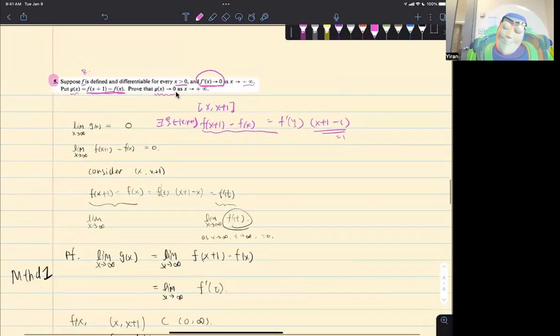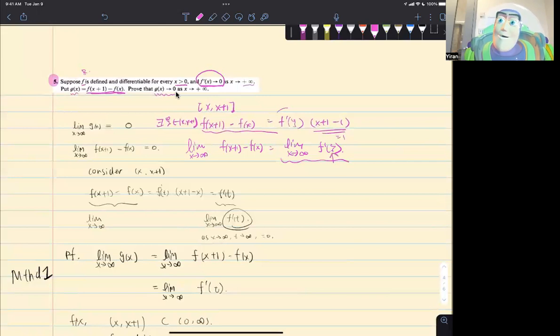Then if you take the limit on both sides as x converges to infinity, we get the limit of f prime of c. Here, c is tightly linked to x because c is a value between x and x plus 1.